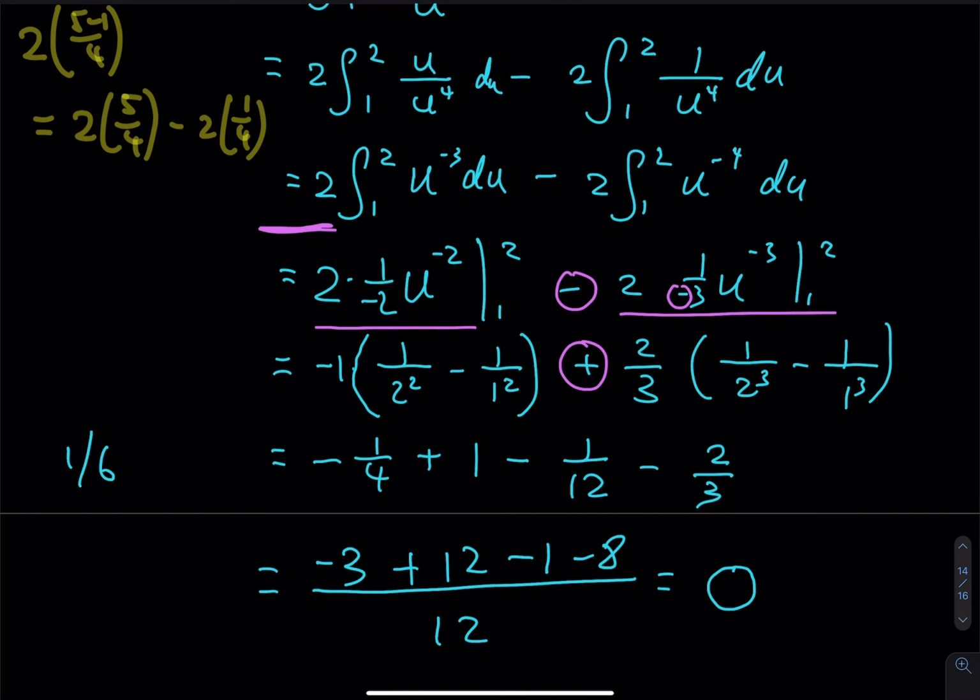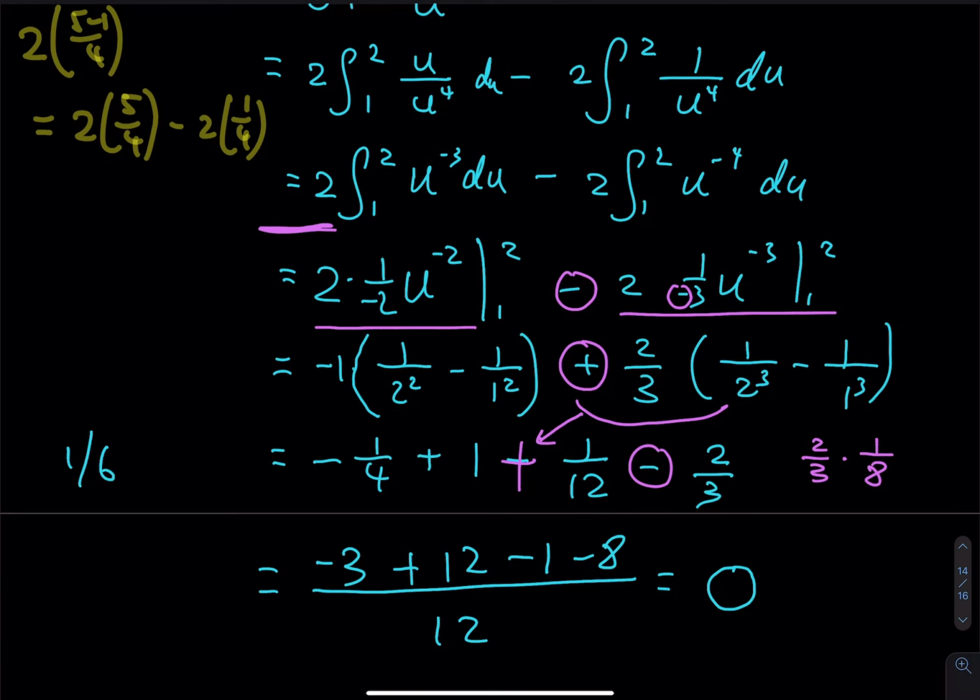And then 2 over 3, and then this is 1 over 8, so you have 1 over 12. Oh, this is a plus right here. Plus minus gives me a minus, plus plus gives me a plus, plus minus gives me a minus. Okay, so 2/3, all right.